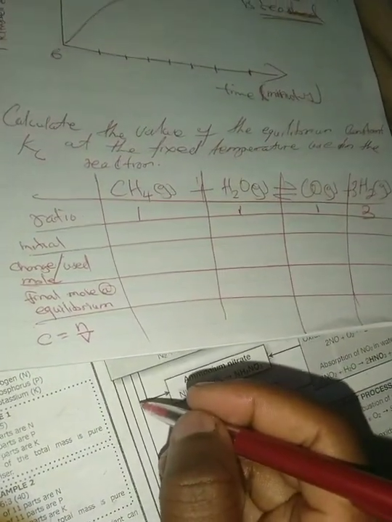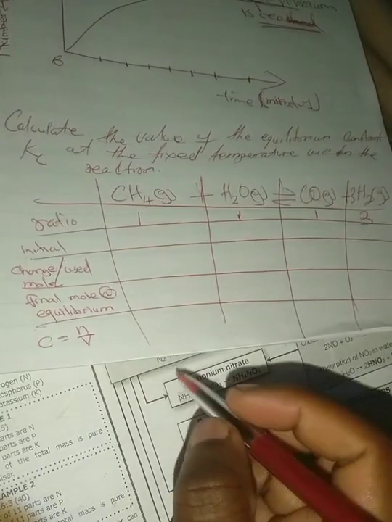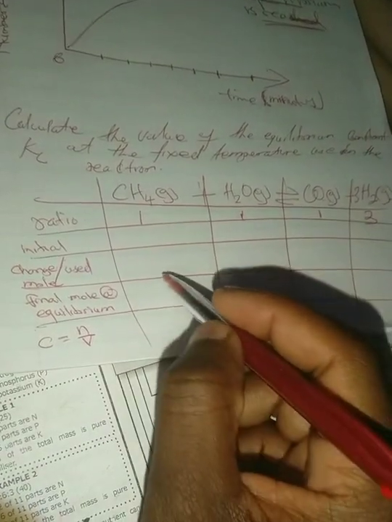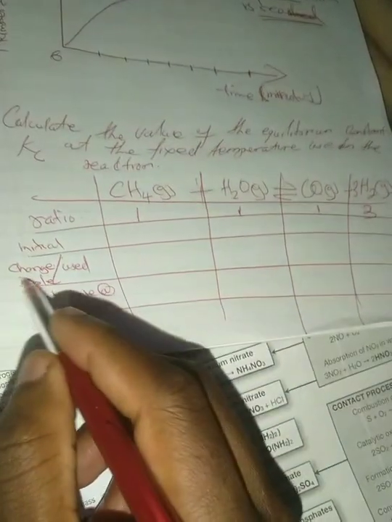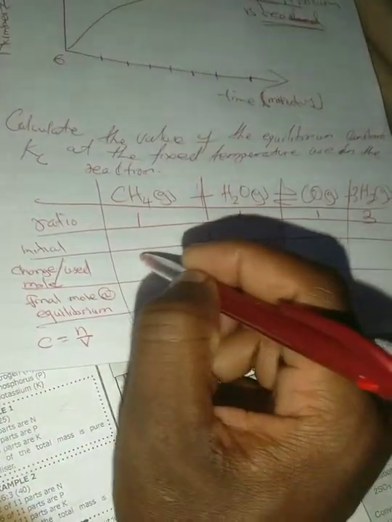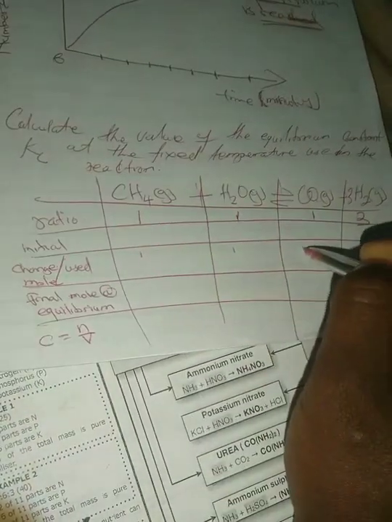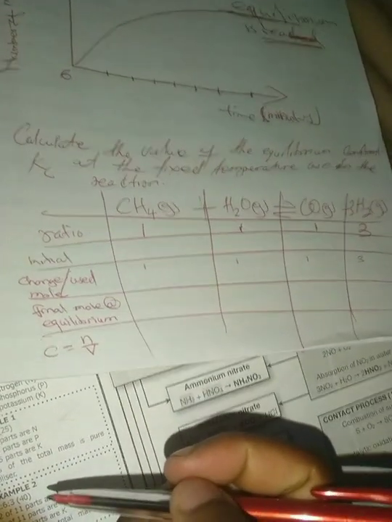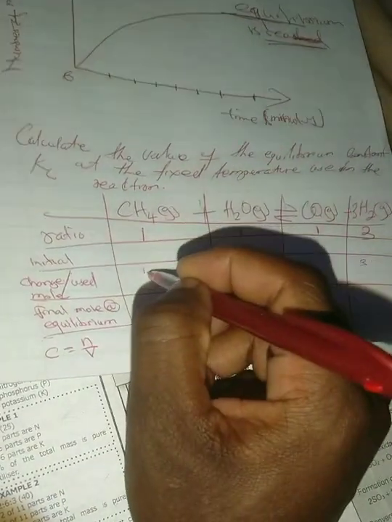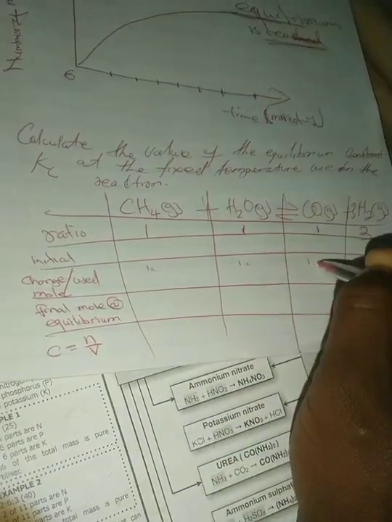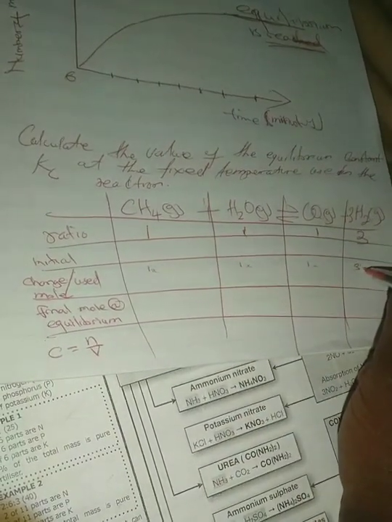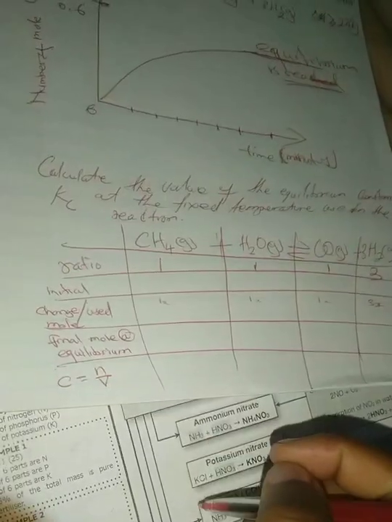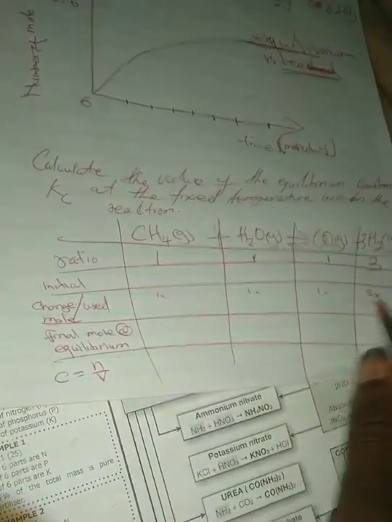The change, based on the ratio, is going to be 1 to 1 to 1 to 3, which is the same as 1x, 1x, 1x, and 3x.